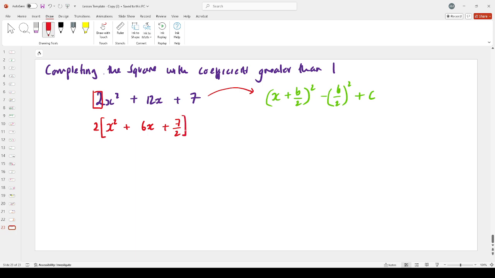Who is happy with that? So what I did is I divided everything else by 2, and I put it outside, and then everything else got halved. Everyone happy with that step 1?